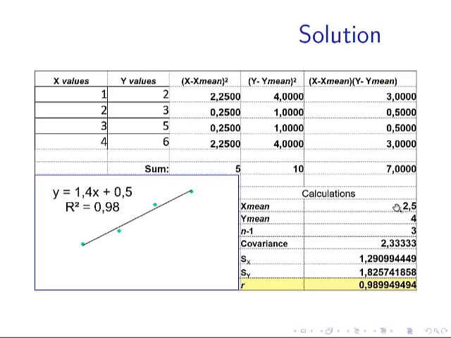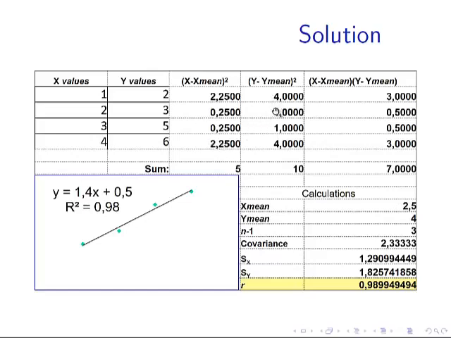And negative 0.5 squared gives you 0.25. 3 minus 2.5 is again 0.5, and 0.5 squared equals 0.25. 4 minus 2.5 is 1.5, and the square of 1.5 is 2.25.